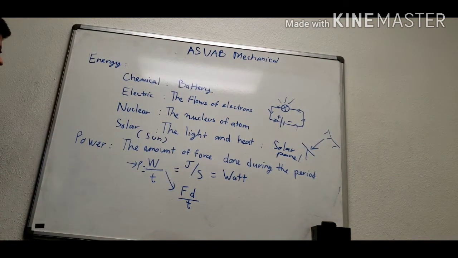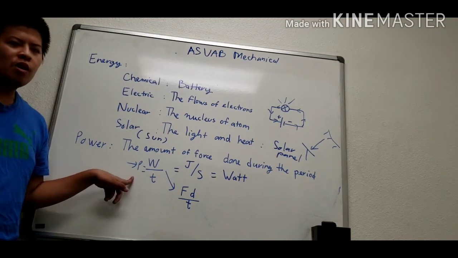The next one is the power. That's the amount of work done during a period. So it means that if we apply the force, you create the work, and the work divided by time creates the power.